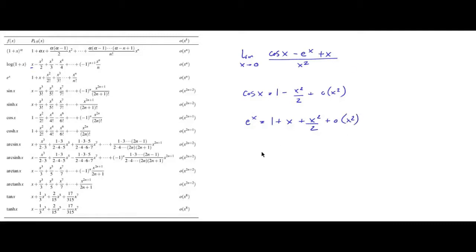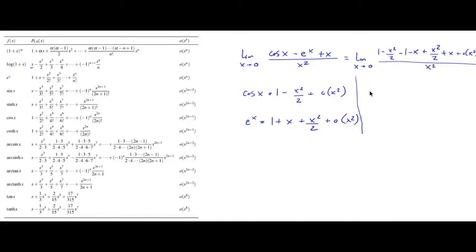So now with that information, we can say this is the limit when x goes to 0 of 1 minus x squared divided by 2. We can write the small o of x squared later, minus 1 minus x plus x squared over 2, and then we have plus x, and all of this plus small o of x squared. All of this divided by x squared, right?